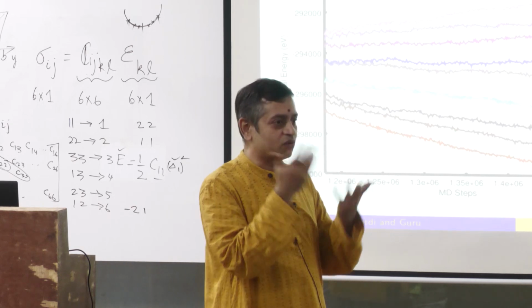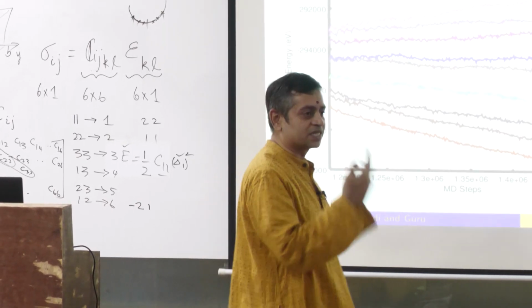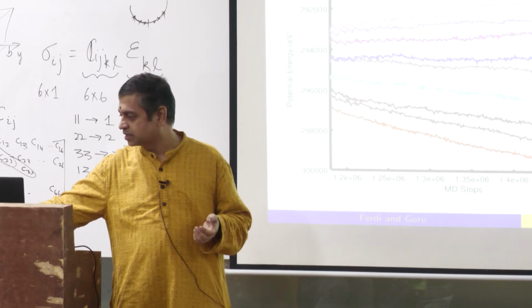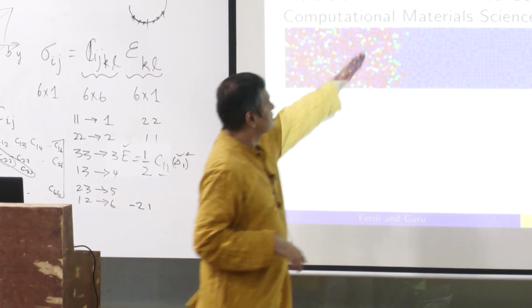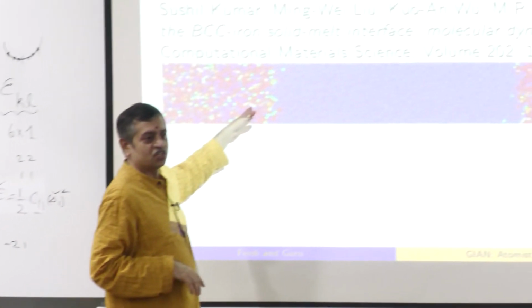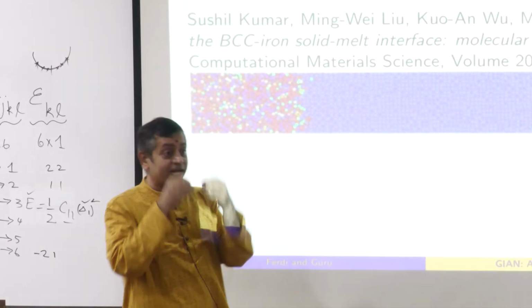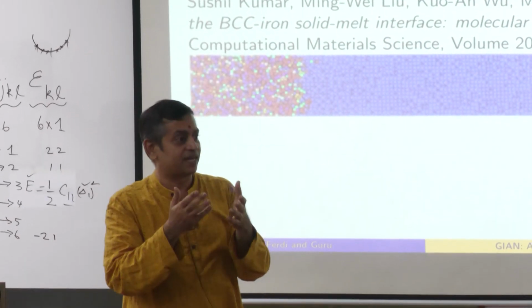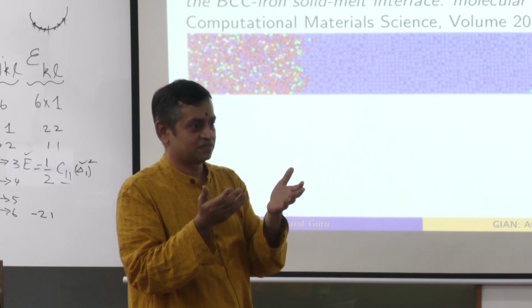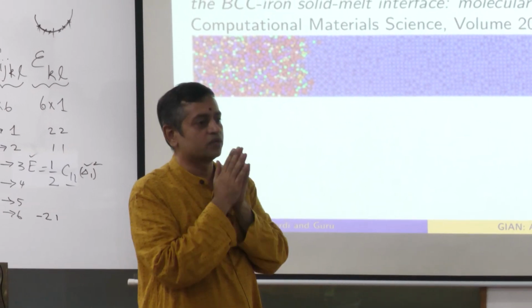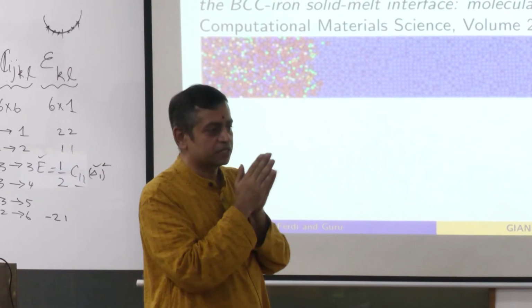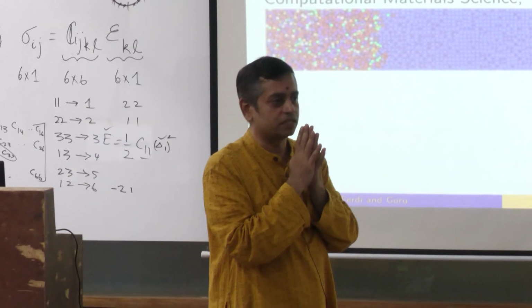Some of you might want to study the properties of the solid and melt. For that you need to know the melting temperature exactly and keep it there, otherwise things are not going to happen, right. How to evaluate that is a script that we will look at tomorrow, and I will show you.